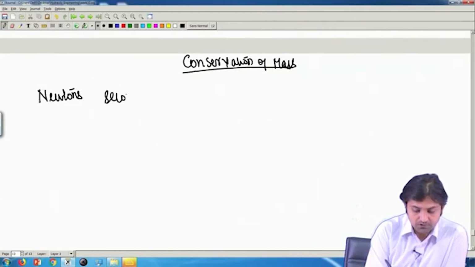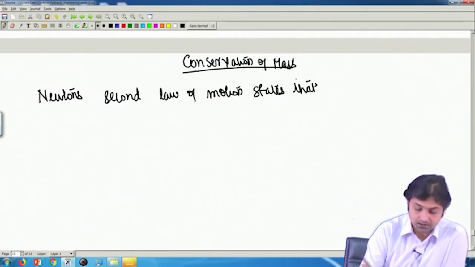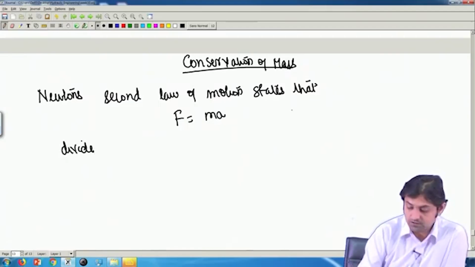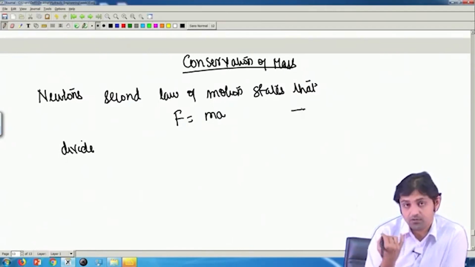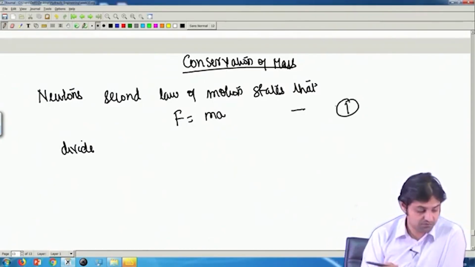Newton's second law of motion states that F is equal to mass into acceleration. I am again writing equation number 1 because we started a new topic. We call this conservation of mass, so this is equation number 1 in conservation of mass.